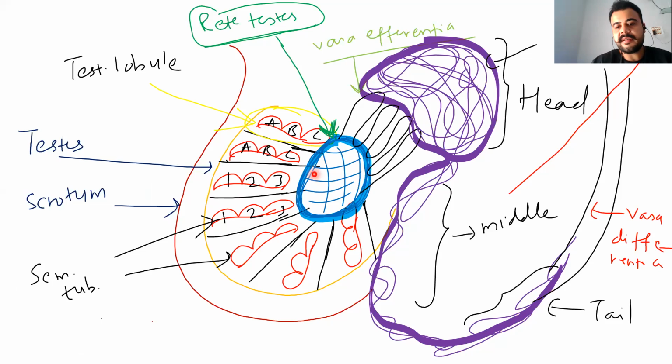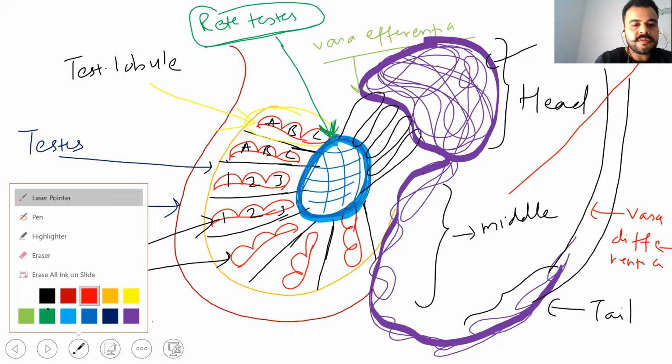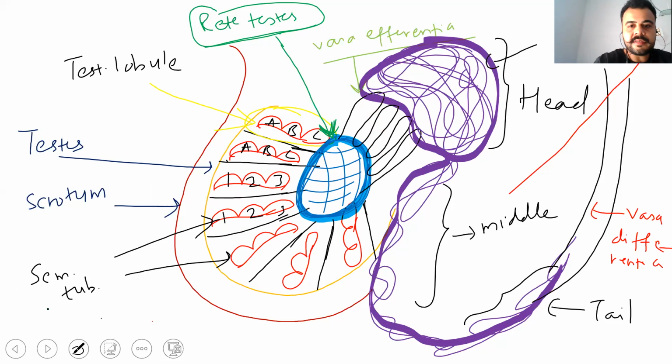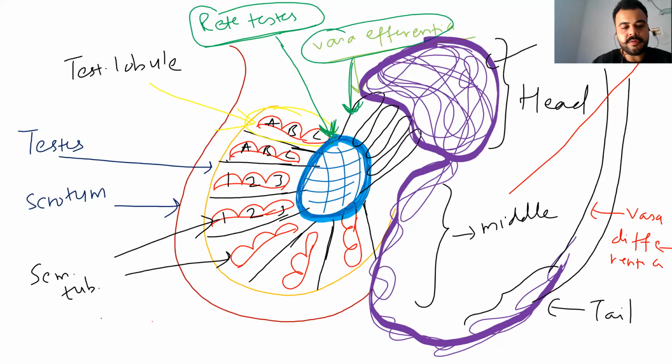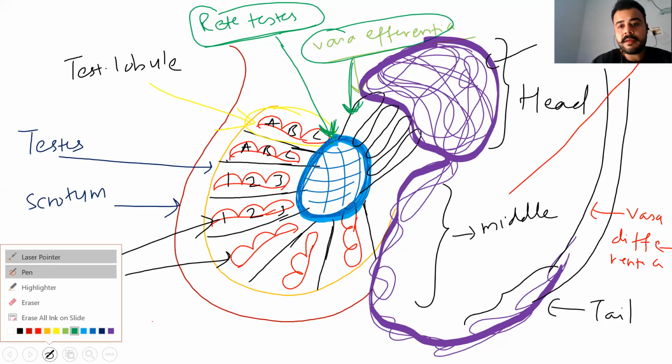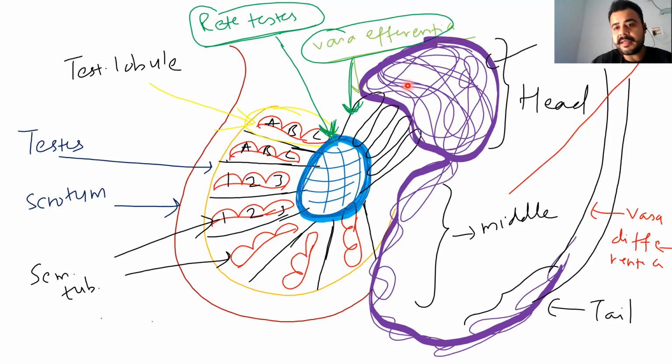They combine in the central net-like structure called rete testis. From rete testis there will be small tubules which you see. This is vasa efferentia. The vasa efferentia will go into epididymis. It is the head of epididymis, then the middle part, and then the tail part, and then it will go into vas deferens.